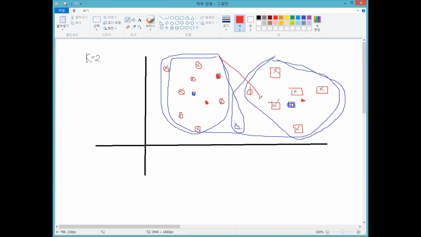Then we have this area, and the center is somewhere here, and the square center is somewhere here. Now nothing more changes. So we iterate this process, and this is called k-means clustering.